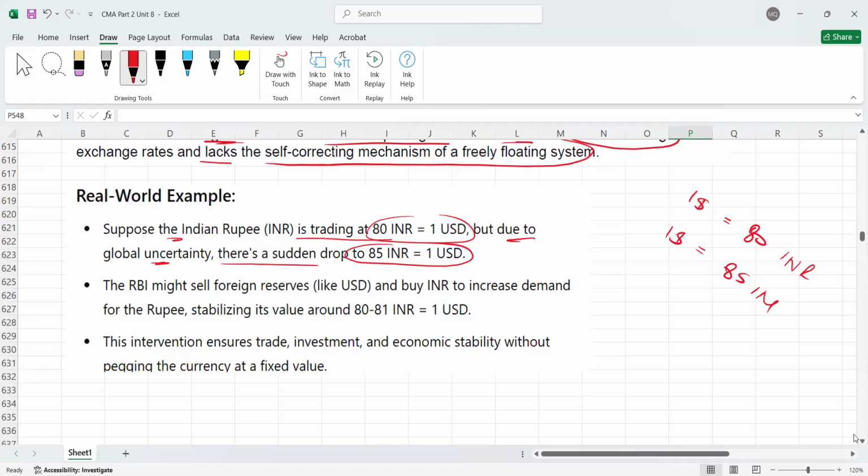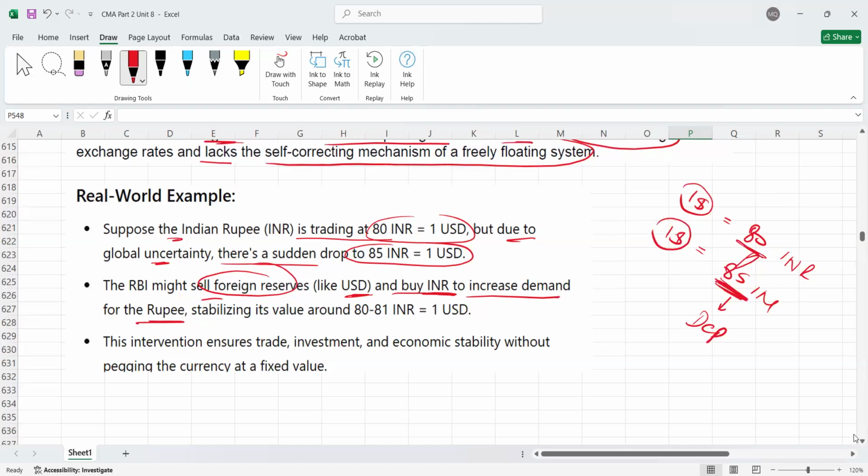So the RBI might sell reserves, because if the exchange rate fluctuates, the central bank might sell foreign reserves like USD and buy INR to increase the demand for rupees. Here the Indian currency is depreciating, because previously you could buy $1 by paying 80 rupees, but now you have to pay 85 rupees.